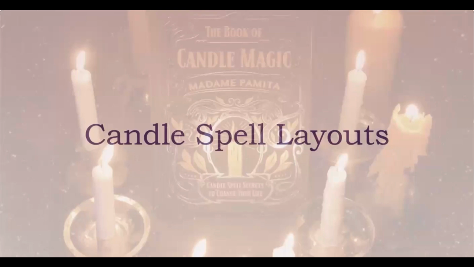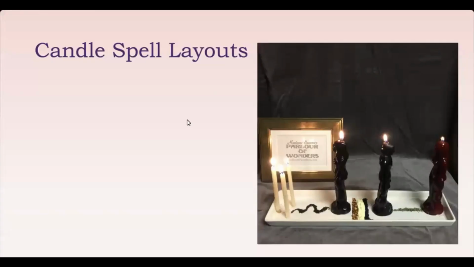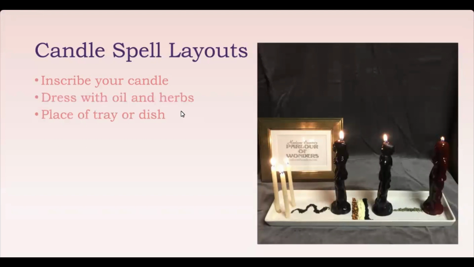Now we're getting into some more creative and exciting things, and really areas that you can let your imagination go. And that is in candle spell layouts. Candle spell layouts are bringing symbolism into your candle spell. You can inscribe your candle, dress it with oils and herbs, and then place it on a tray or a dish.